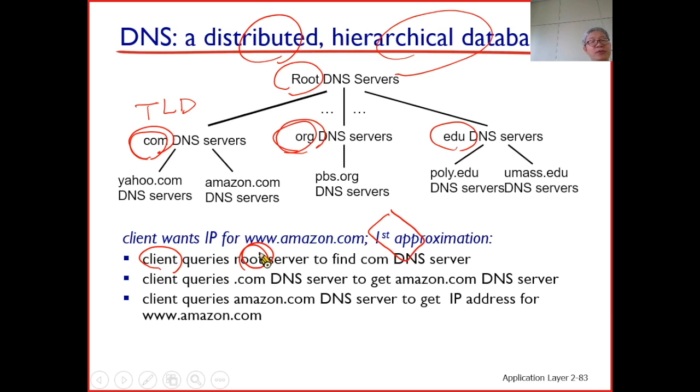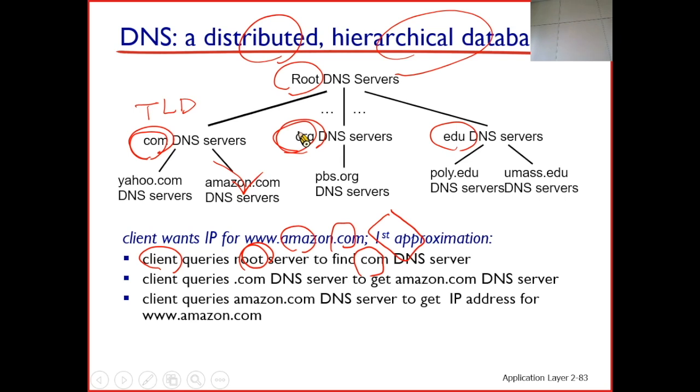And root finally, here it's .com, so go to .com, and then you can find which one. For example, here it's Amazon, so go to the Amazon.com server, and that server, later we call the authoritative name server.